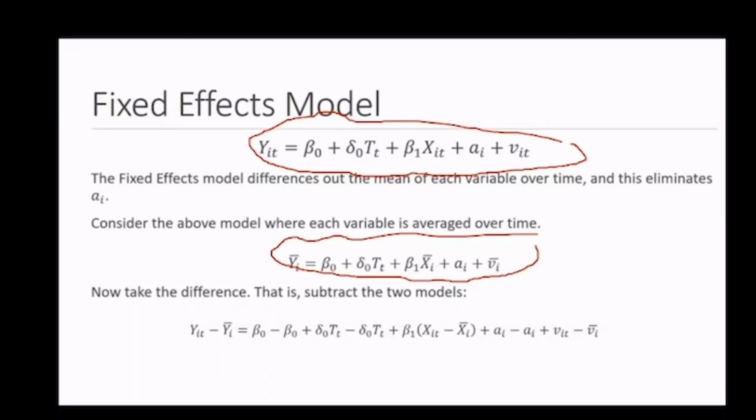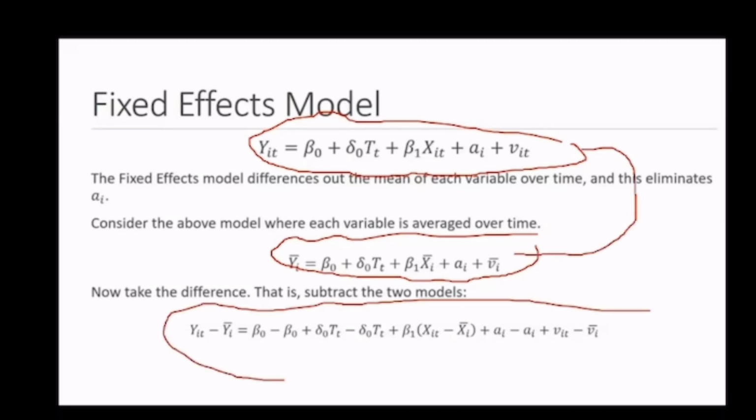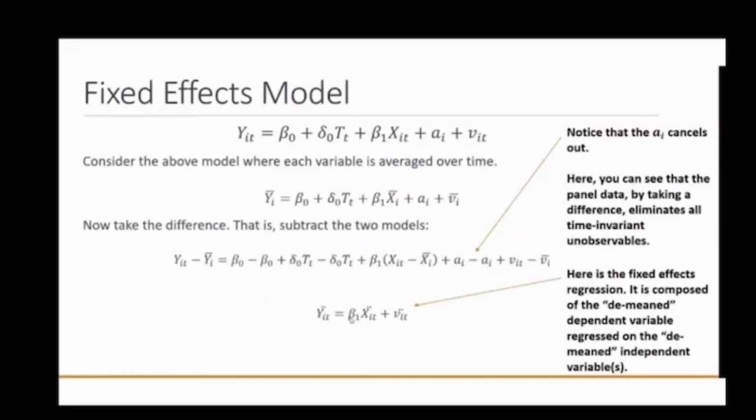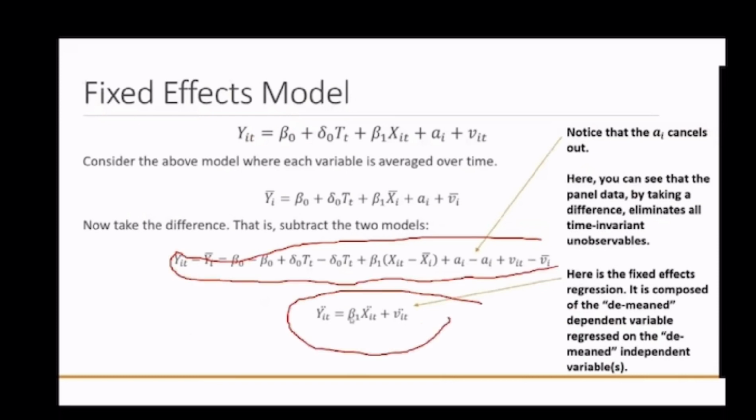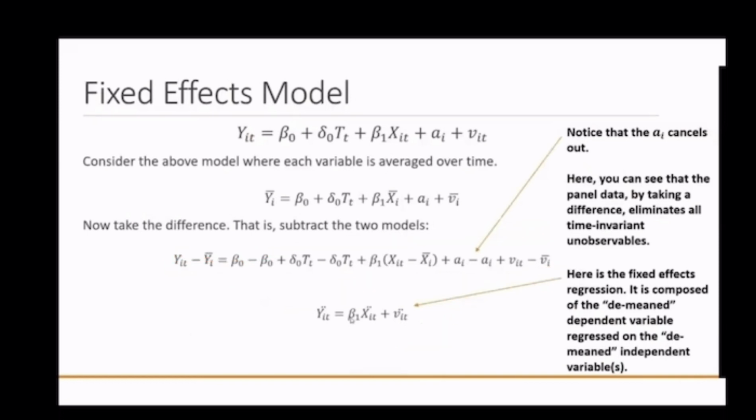That's why subtracting this from this will lead to this. Do you see that? That is what the fixed effect is going to do. So subtracting that, in the end, we're going to resolve to this.